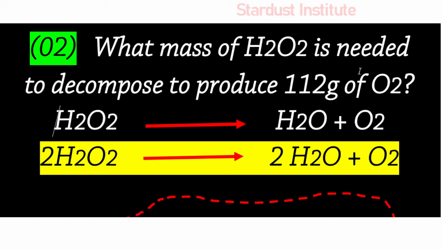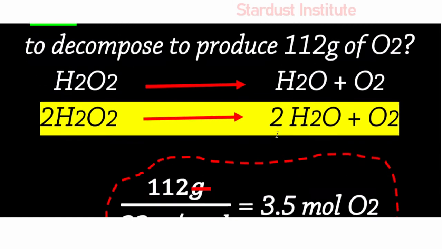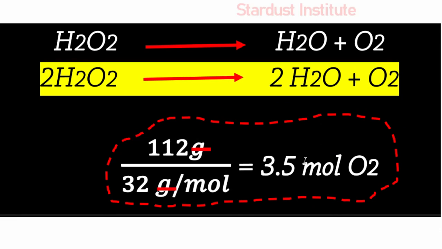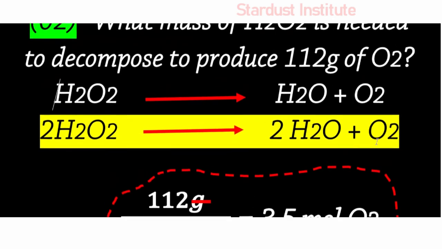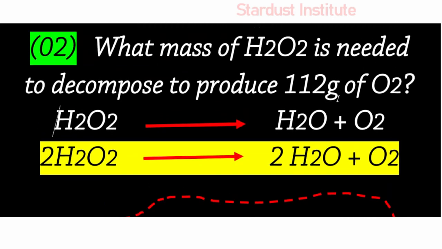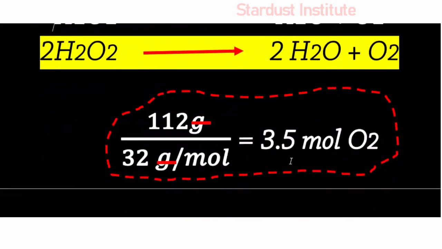Now we need to produce 112 grams of oxygen. 112 grams of oxygen divided by molar mass of oxygen 32 gram per mole, we get 3.5 moles of oxygen.